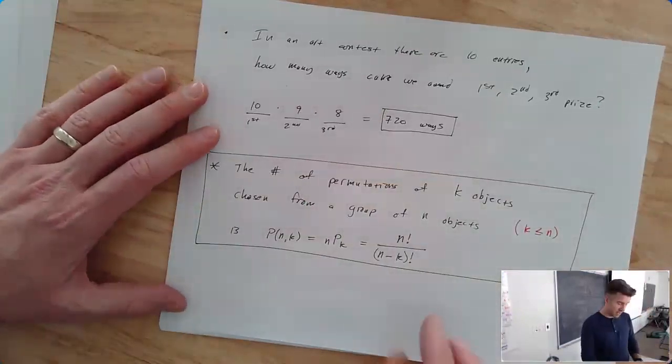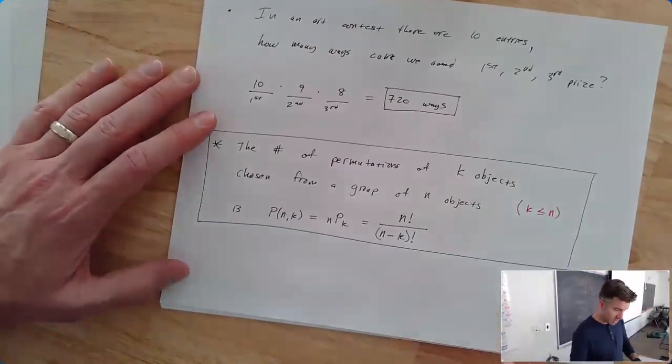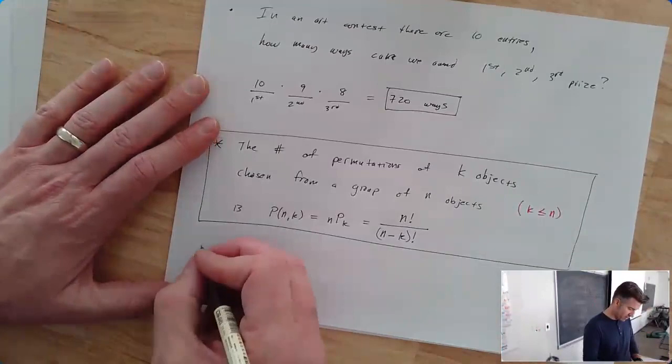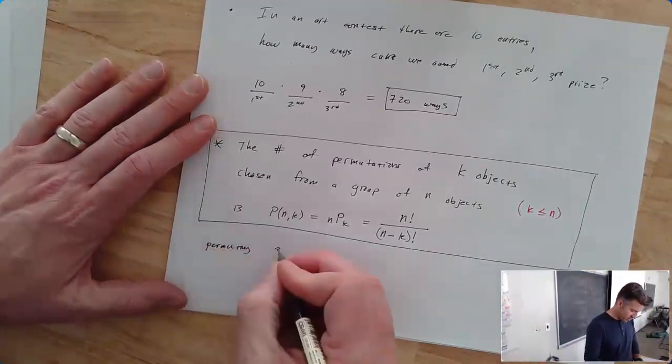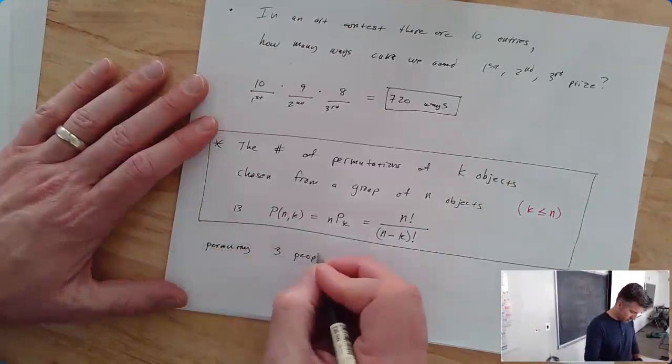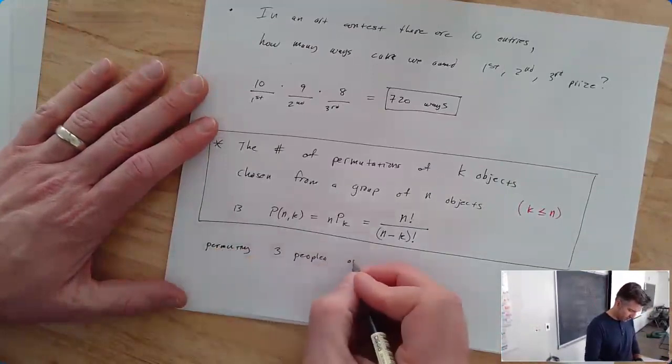So in that previous example, just to see how the formula works, I'm permuting 3 people out of 10 people.